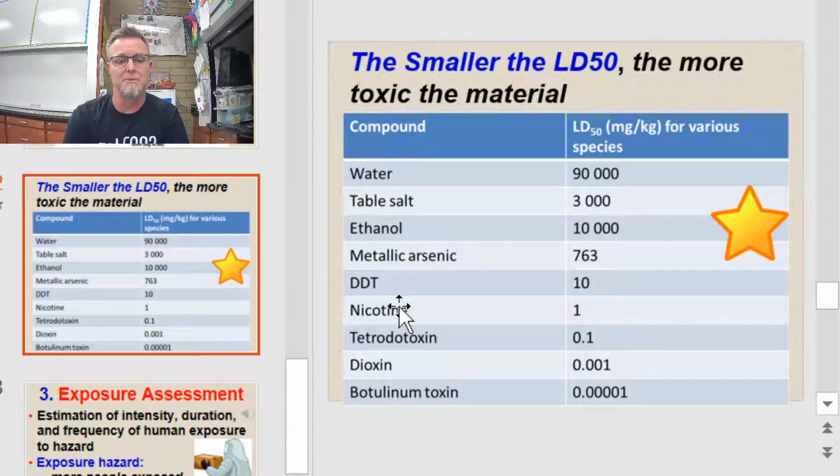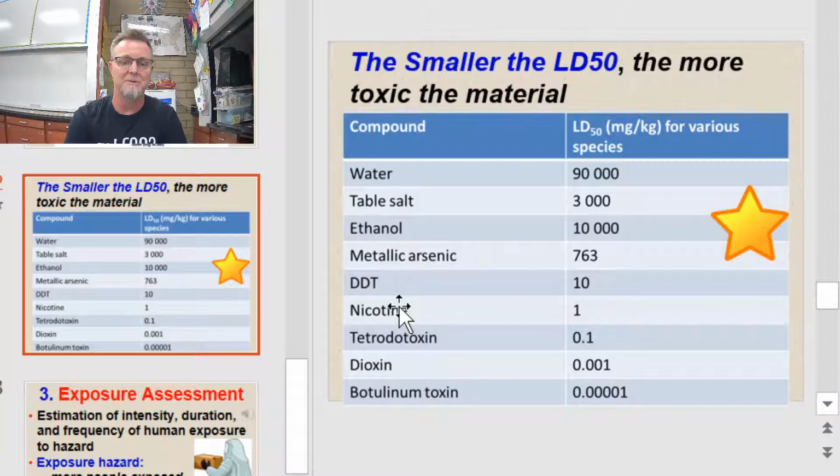Here's some examples, all right? So as I said, the smaller the LD50, the more toxic the material. Water, right? If you think about water, there is such a thing as too much of a good thing. Like 90,000 milligrams per kilogram of various species could be toxic if you were drinking that much water. Table salt, 3,000 milligrams per kilogram could be toxic.